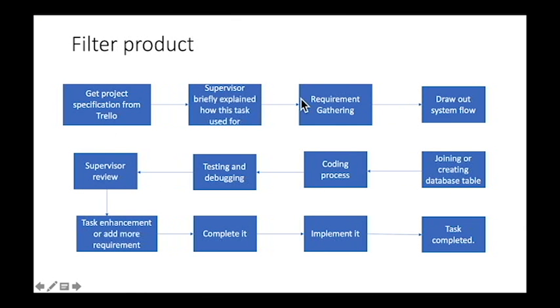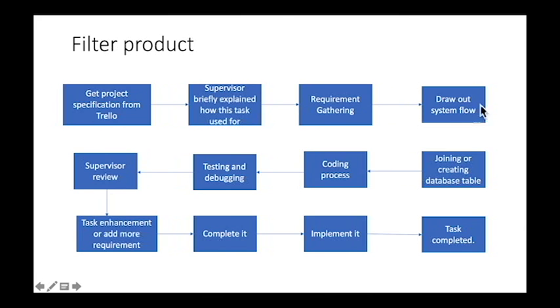And my second task is to add a new feature for admin to filter all the products. First, I will get the product specification from my supervisor, and then they will explain to me what these features should do, and I will gather online resources from some websites like GitHub or CodePen.